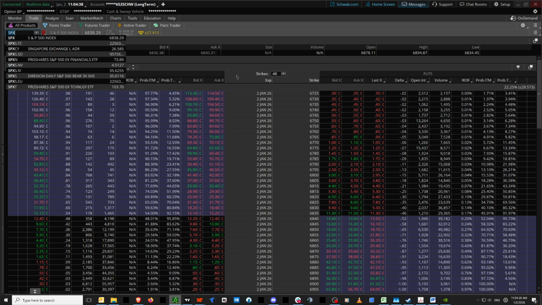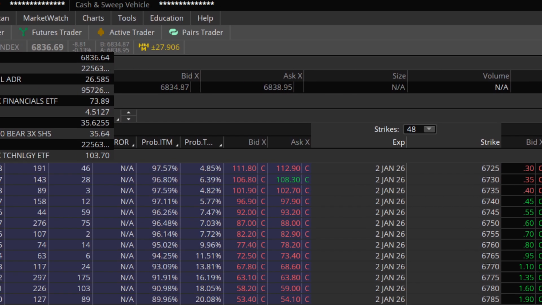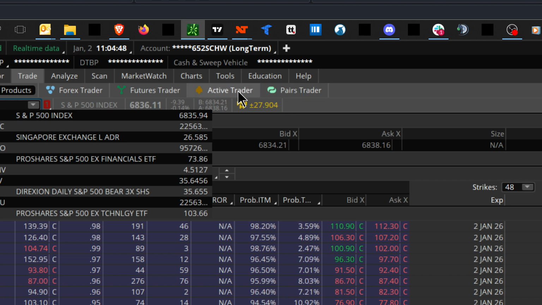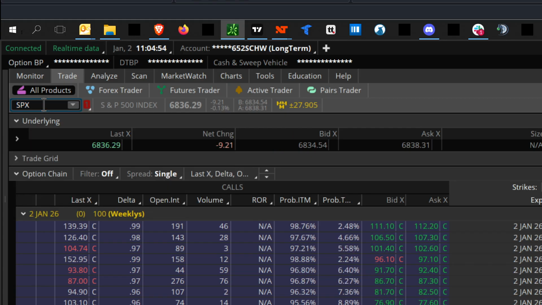Let me get my zoom key up here. Now, Signet talks a lot about this market maker move. We are looking at the SPX, and it shows a market maker move of 27.9.